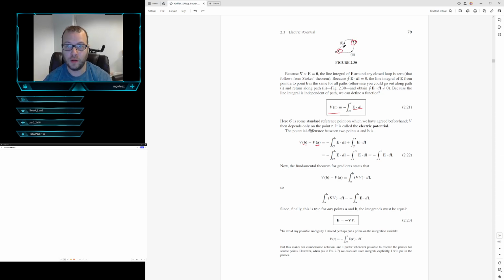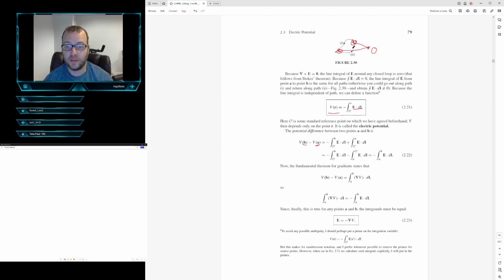One is going from some origin to point B, the other from origin to point A, which is the same as the negative of A going to the origin, because you have another negative and you get the same thing.